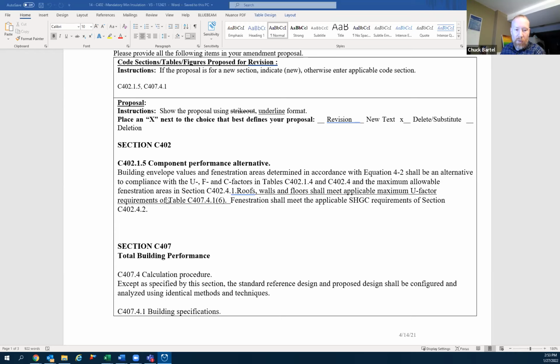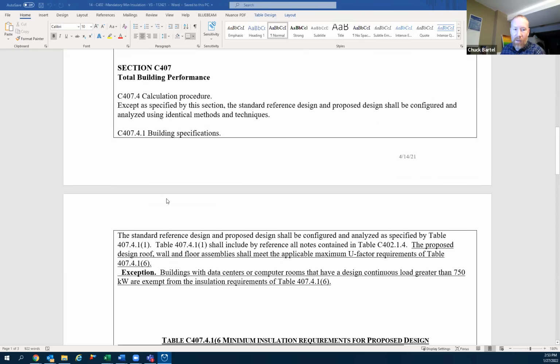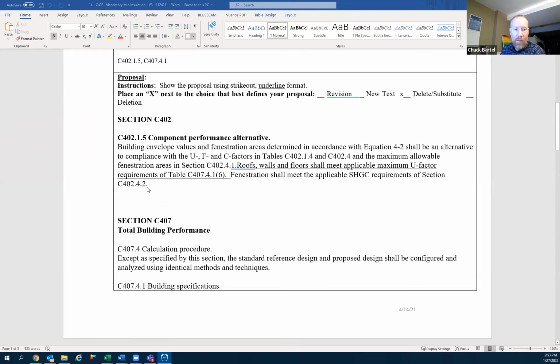I just want to make sure that was a typo and not an intended change to the base code. Yeah, Chuck, I think that's correct. If we're referencing the SHEC, it should be 0.3.